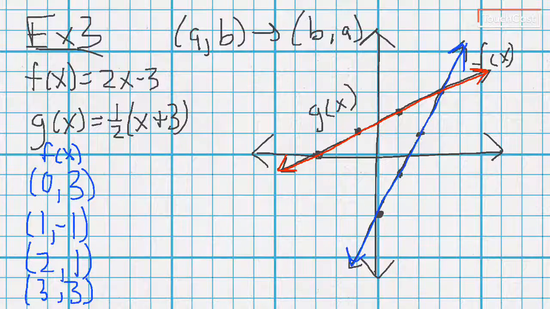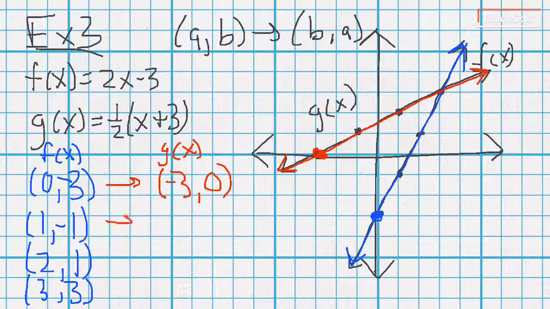If this is an inverse, then the point 0, 3 on f of x should correlate to, and I actually wrote that wrong, that's not 0, 3, it's really the point 0, -3. That should map to the point on g of x where x is -3 and y is 0, and we have that point right here. And in blue, that's our 0, -3.